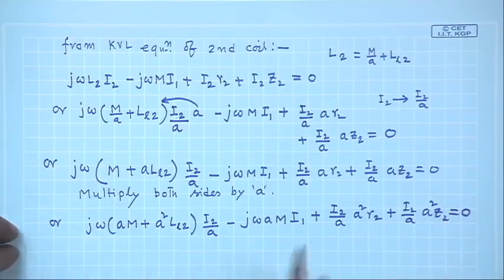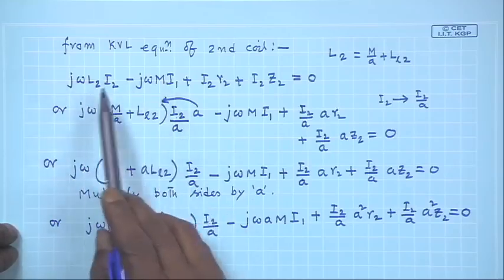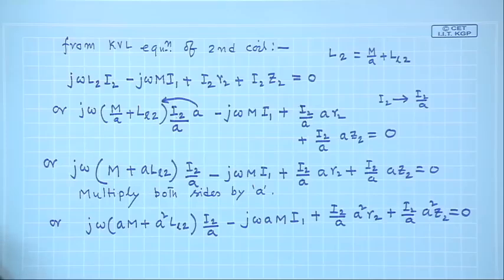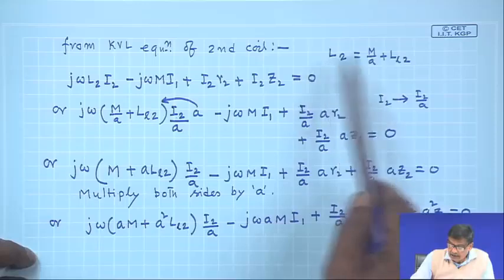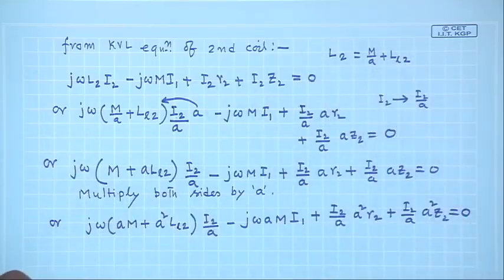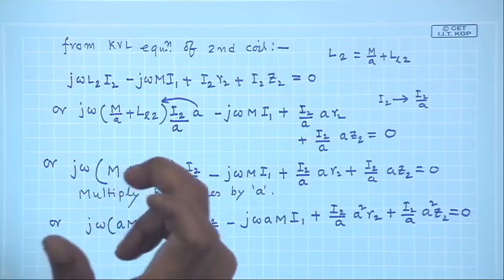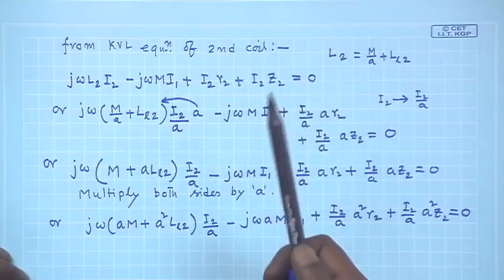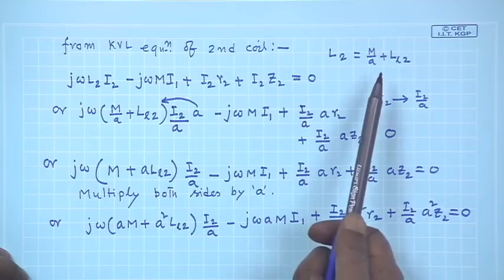So, what are the things I have done? I have written the secondary coil KVL equation, and then I have substituted for L 2, expressing it in terms of mutual inductance and leakage inductance. What is the reason for that? Because in the transformer equivalent circuit, there is no term representing the self inductance; it is expressed in terms of mutual inductance and L L 2.